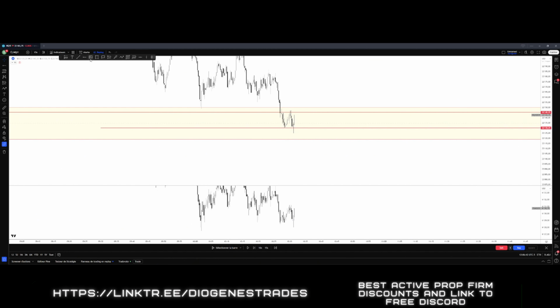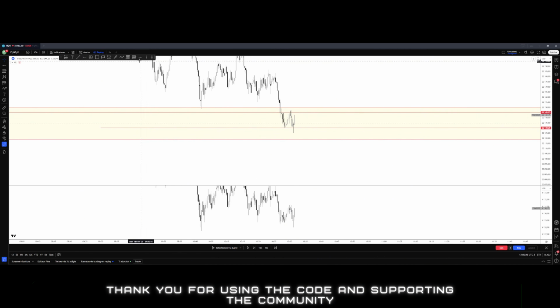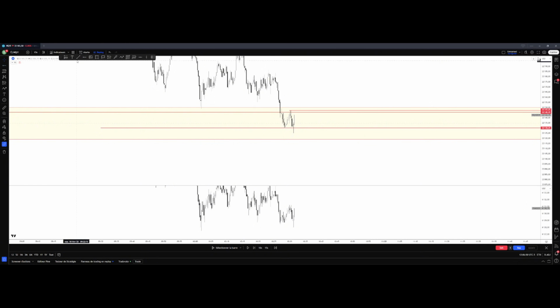So I had this breaker in mind. Breaker, right? Did we have SMT? Of course, right? Look at ES, right? Yes, had a bullish SMT and a higher time frame SMT even.